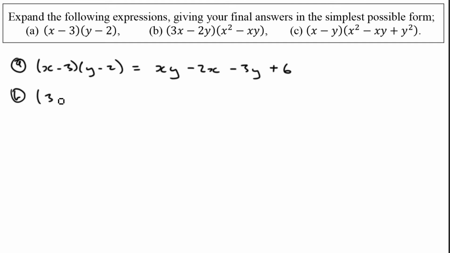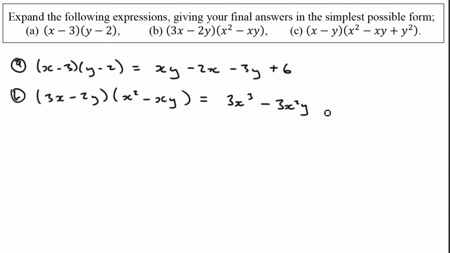The next example combines things even more. In the first bracket, we have both x and y terms. In the second bracket, we have an x squared term and a term which multiplies the x and the y. But once again, our rules have not changed. 3x times x squared is 3x cubed. 3x times negative xy is negative 3x squared y.